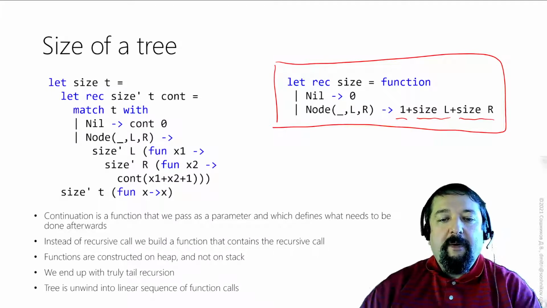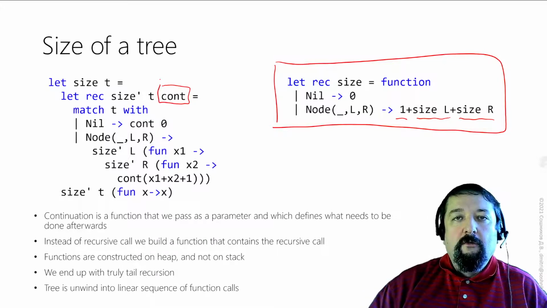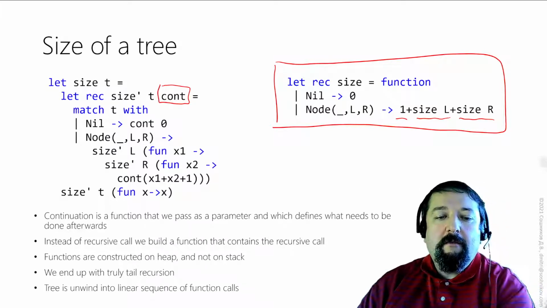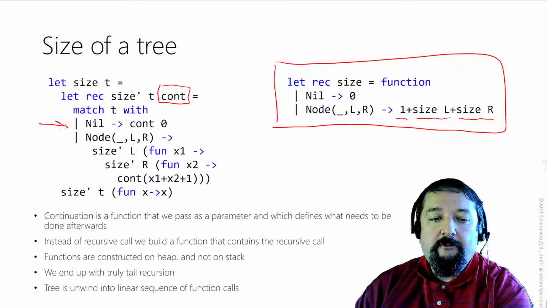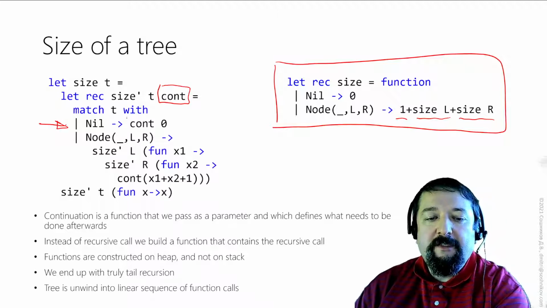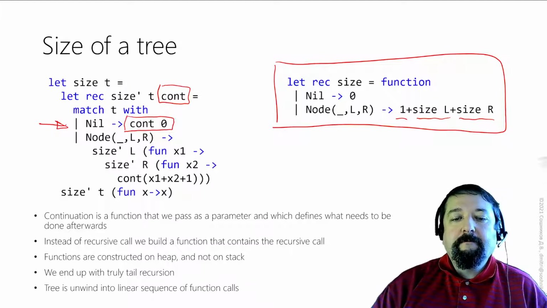I would pass here the continuation, the function which I would need to call to calculate the size of the tree. And when I arrive at the empty tree, I will return continuation of 0, in the same way as I did when I calculated the length of the list.